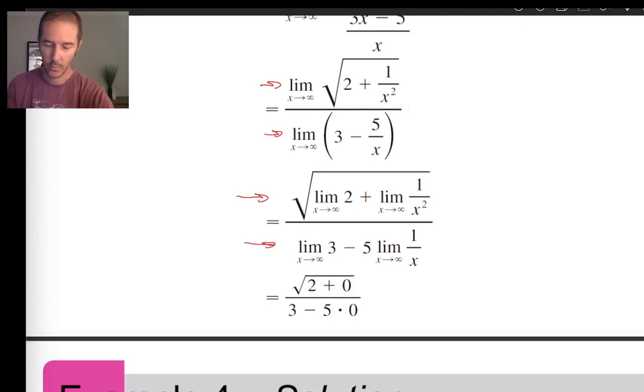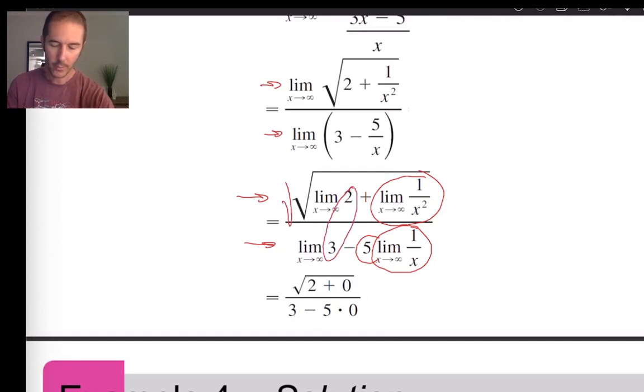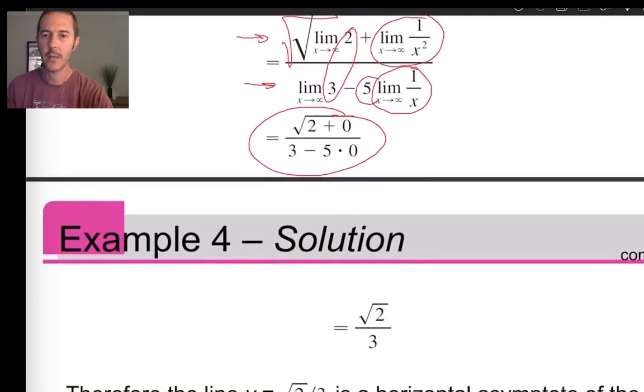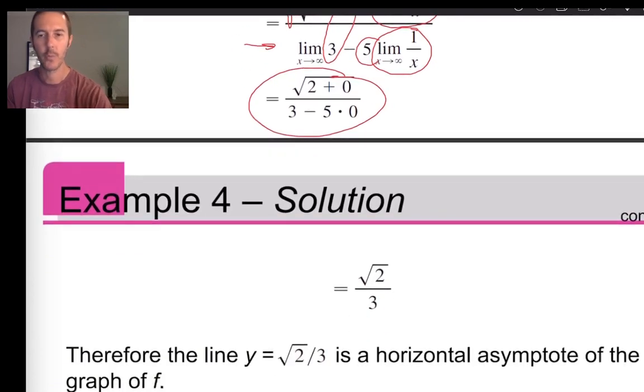We're seeing again from this section the 1 over x squared and the 1 over x, both of those going to 0, which makes this 5 turn into a 0 when it multiplies by the 0. And so all we have left are these constant values. That's all that lingers, but in the numerator our square root symbol is still there, which is why our final answer moves onto the next slide, and we see it as the square root of 2 over 3. And that is our horizontal asymptote.